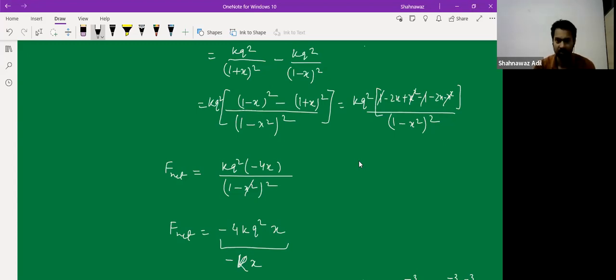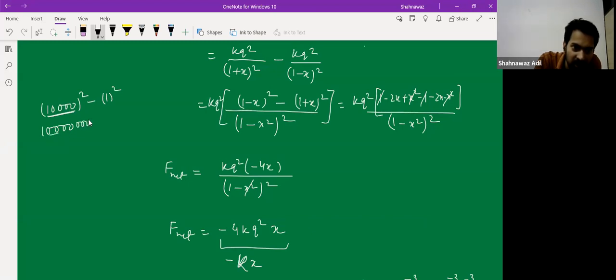How did we cut x squared here? Yes, so you see that I gave an example, right? Let's say if you have 10,000 squared and minus 1 squared, so this is a very big number, nearly equal to this quantity.